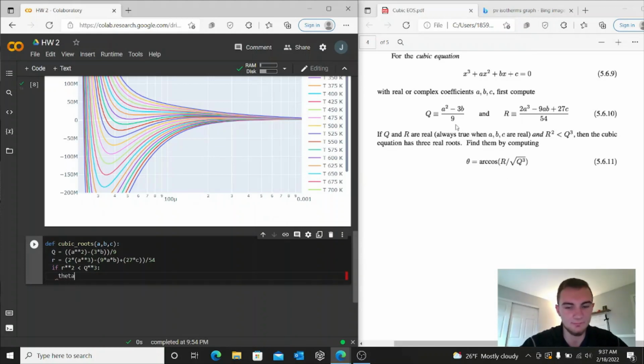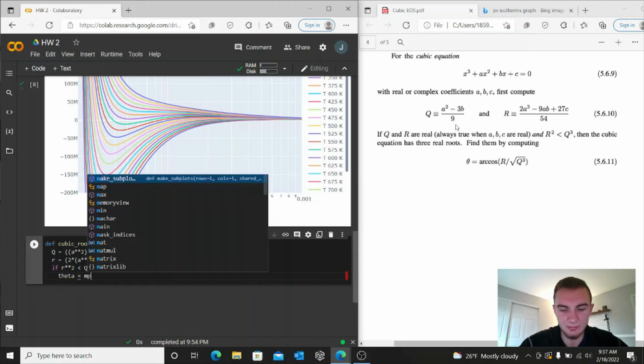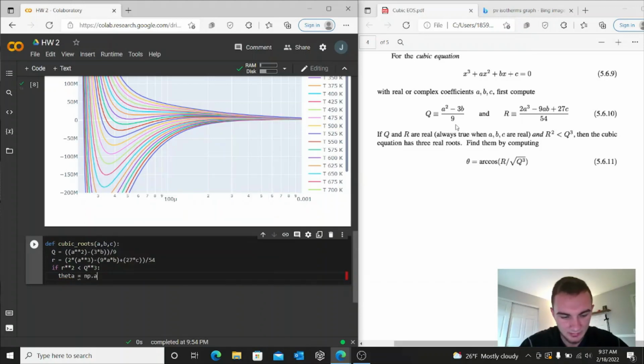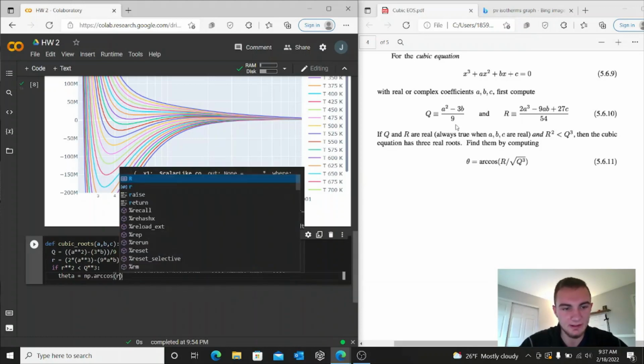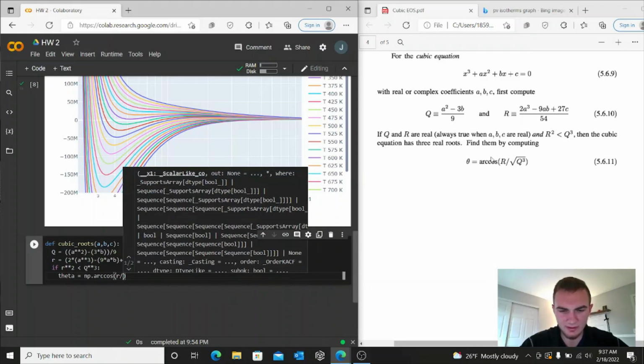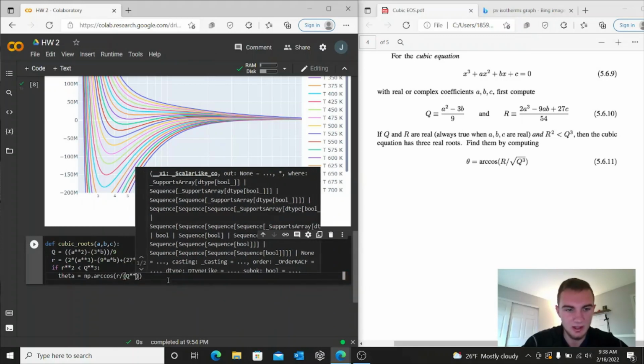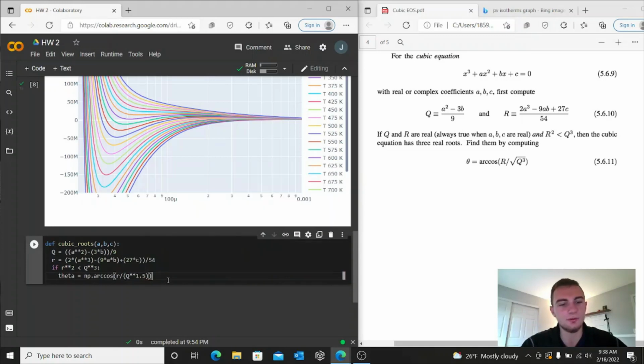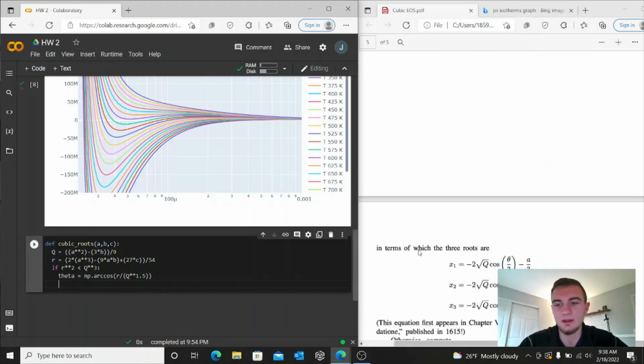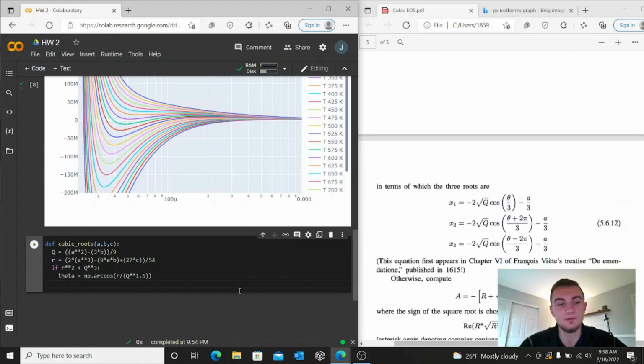So we'll have theta equals np dot arc cosine, so I have arc cosine, and we will have r divided by the square root of q cubed, which is just q to the 3/2 power. So we can put in q to the 1.5, so just 3 divided by 2. Okay, so that allows us to compute our theta, and we'll go down here to calculate our three roots now.